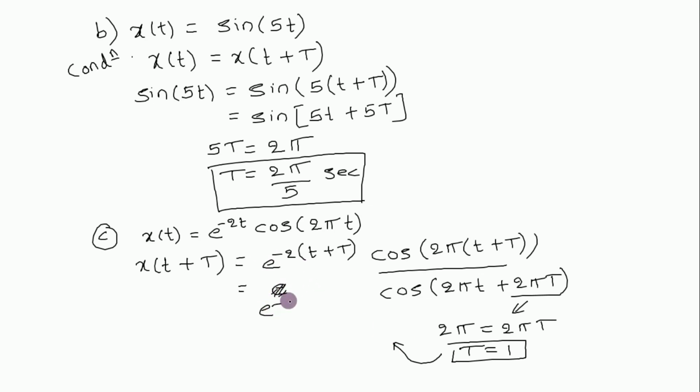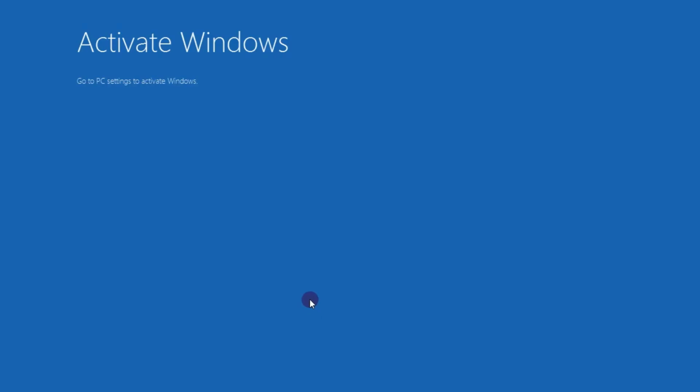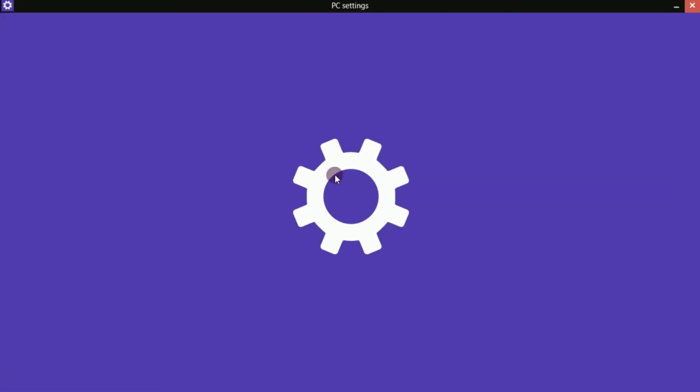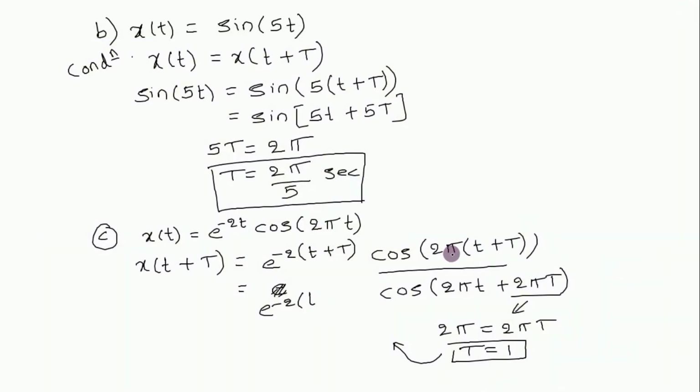What do I get? Minus 2 times (t plus 1), so this component becomes minus 2t minus 2.